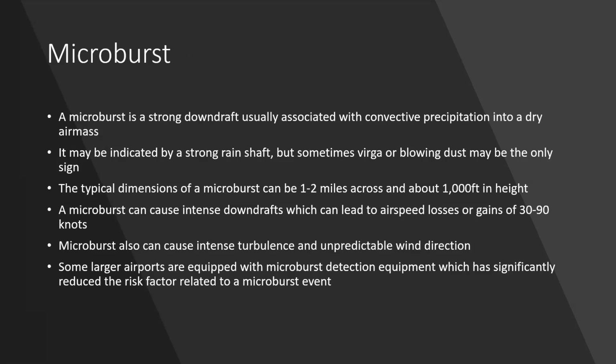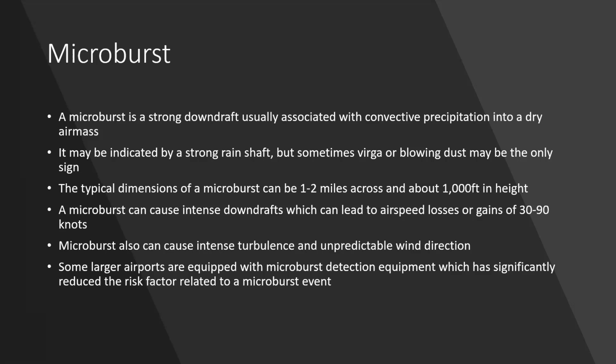Microbursts happen during a strong downdraft in a thunderstorm, usually a dissipating thunderstorm. When it's disintegrating, it will release a lot of wind all at once, and this can cause a very severe shift in winds, sometimes up to 90 knots or more. It can break trees and do a lot of damage, not just to airplanes, but to the ground as well.